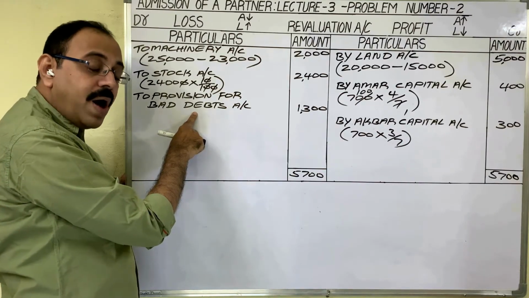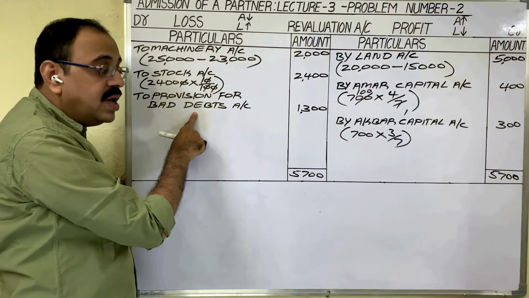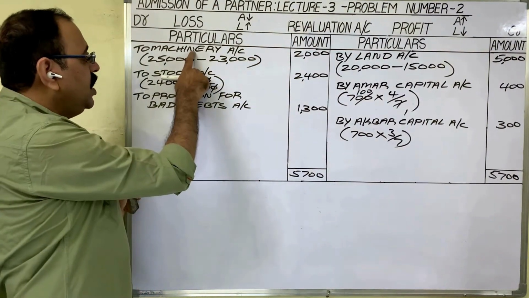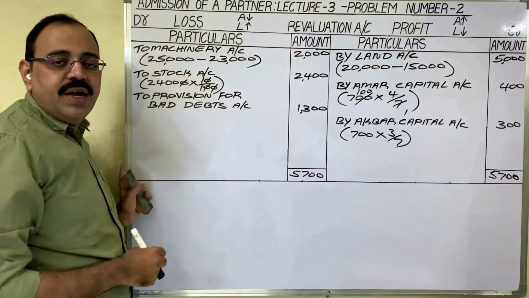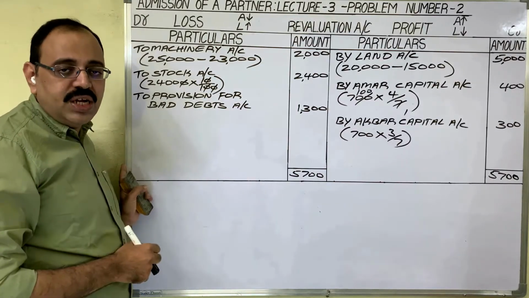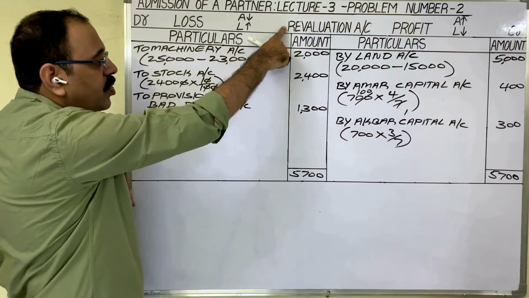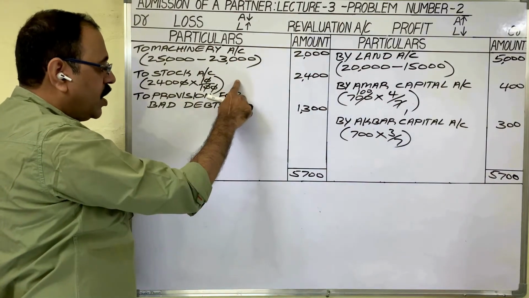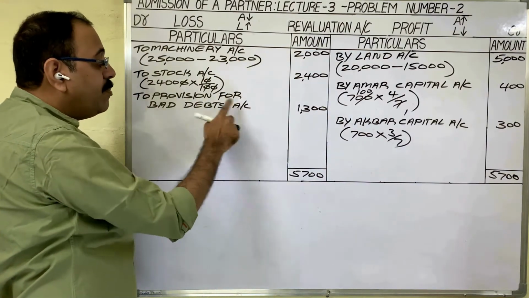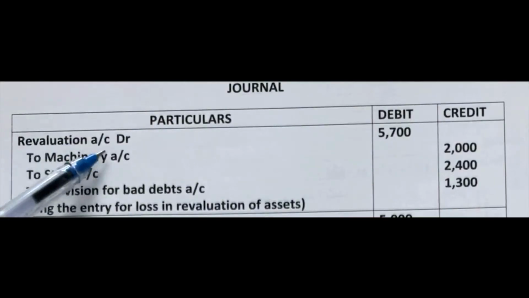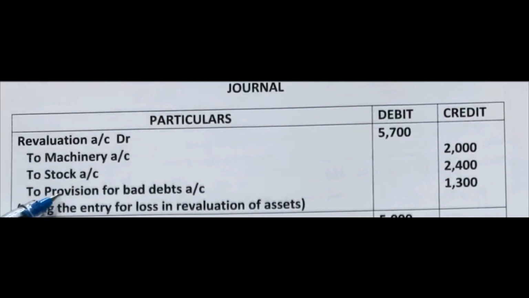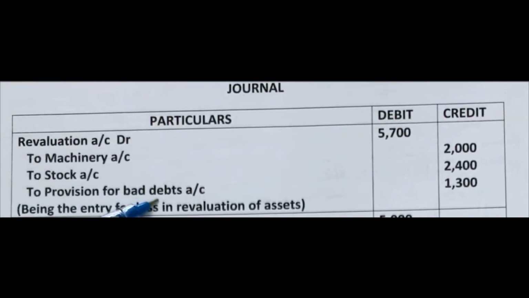Therefore, we should pass the entry where revaluation account should be debited and these 3 accounts are to be credited. So the first entry in journal is revaluation account debtor to machinery account, to stock account, to provision for bad debts account.